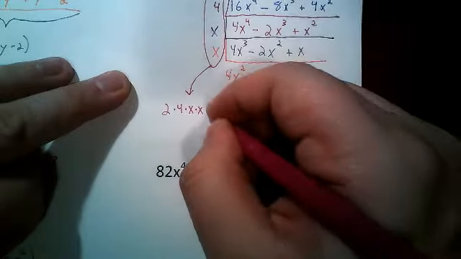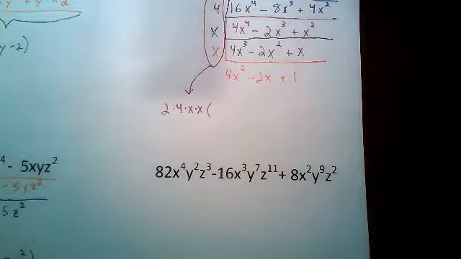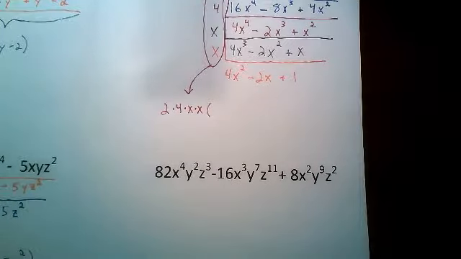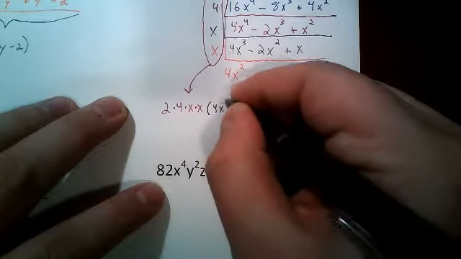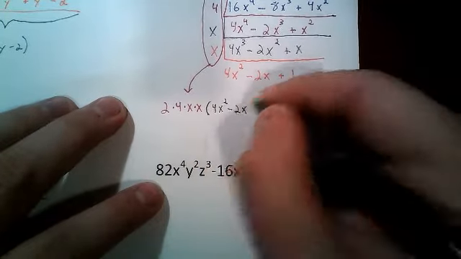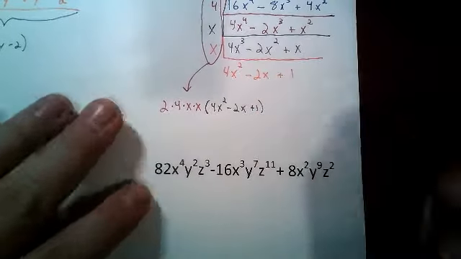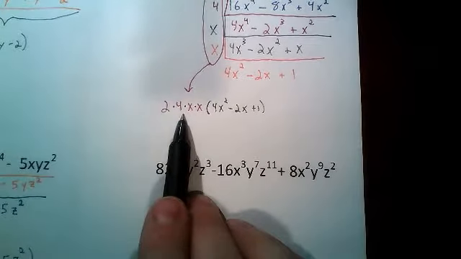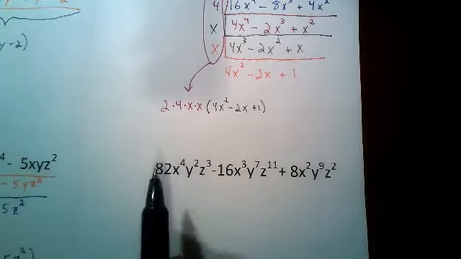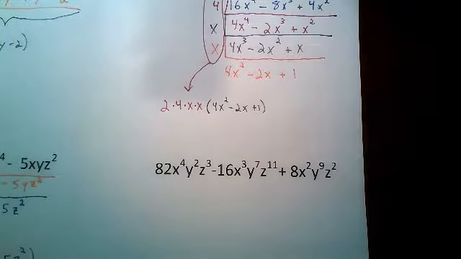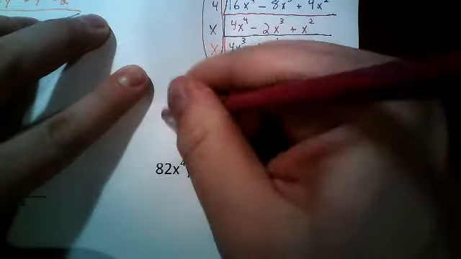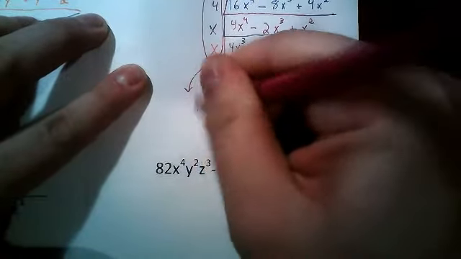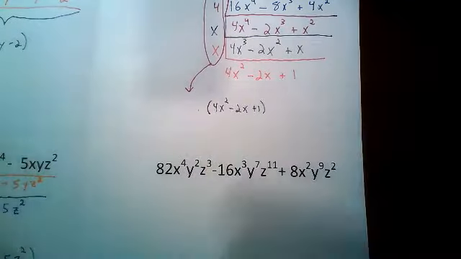And then on the inside, I've got 4x squared minus 2x plus 1. And I can keep going with this part. It's kind of like when we were simplifying radicals and we started pulling things out. I can do 2 times 4, which would give me 8, and x times x, which would give me x squared.